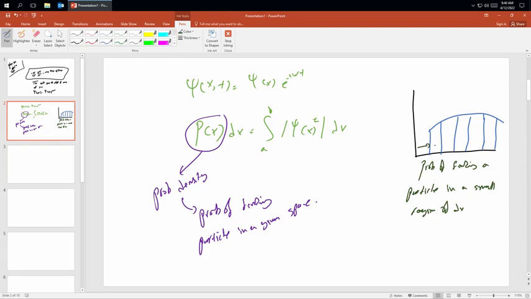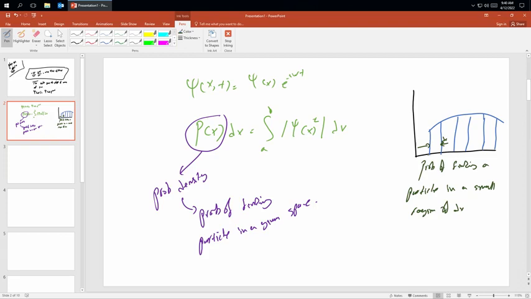I guess this would be your region over here, dx. Right? In that little region over there, where we can probably find the particle, your probability density P of dx is going to equal the integration from a to b, wherever a to b is, okay? Psi squared dx.